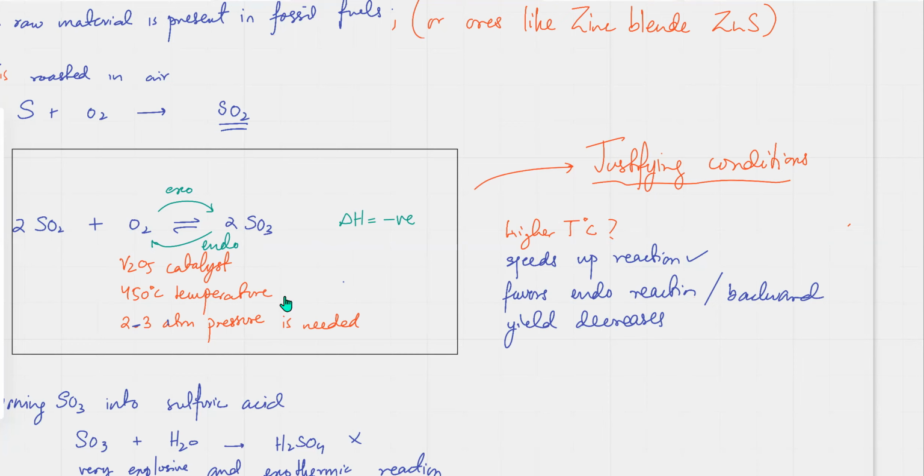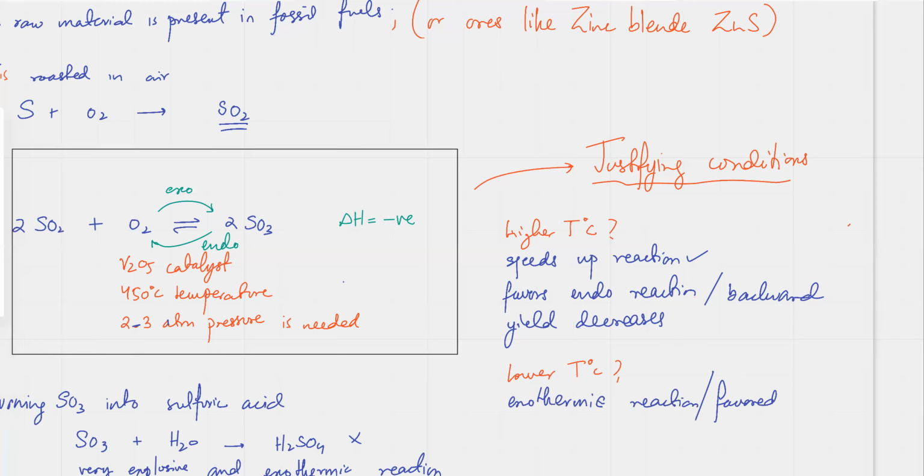So what's wrong with using a lower temperature? If you lower the temperature, then the good thing is that the exothermic reaction is favored, which is the forward reaction.